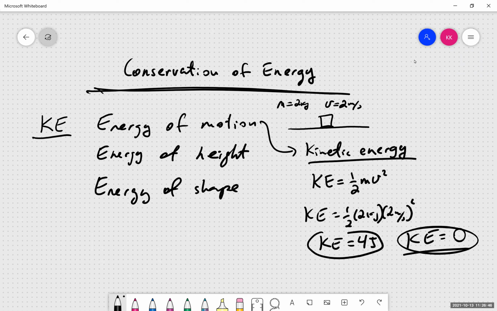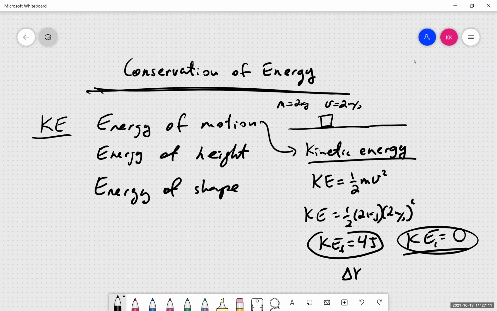Generally, the more important quantity that we can actually use is the change in kinetic energy. For example, if your object here has an initial kinetic energy of 0 and then a final kinetic energy of 4 joules, that means the object went from one position to another and changed its speed. Before it was not moving, now it's moving.